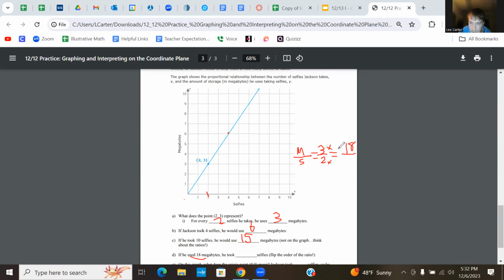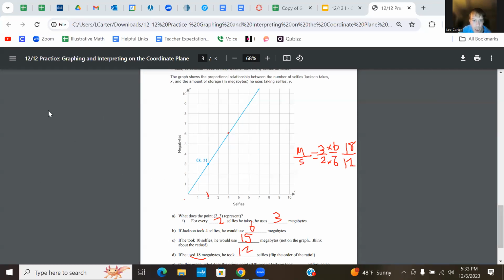Now, megabytes, so from 3 to 18, it's 3 times 6 is 18. Do the same on the bottom. So that would be 12 selfies. Okay. You just had to be careful that you didn't end up with something different there. Like if you got times 9, you might have got 27. Well, that's wrong because that's the incorrect order of the ratios.